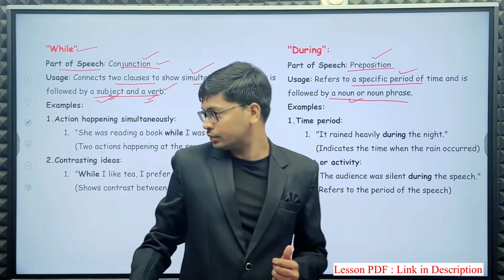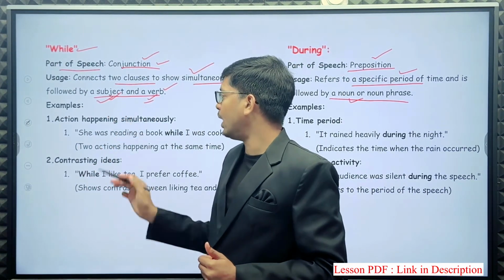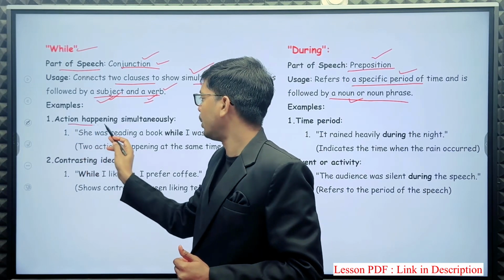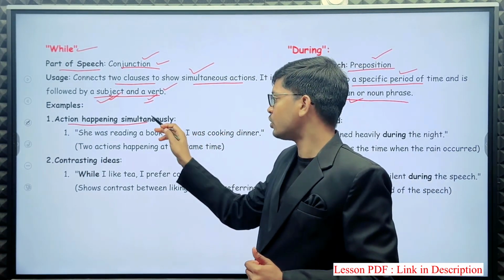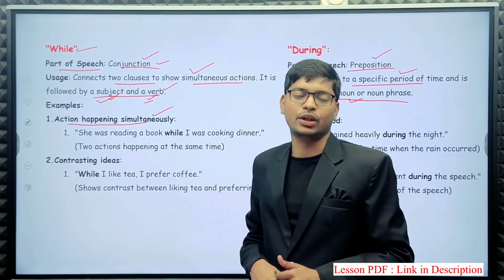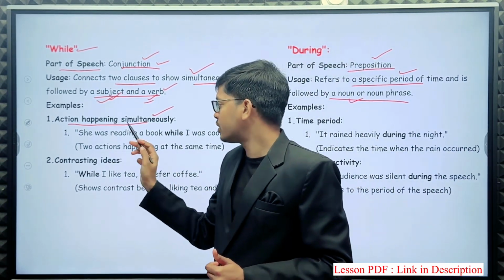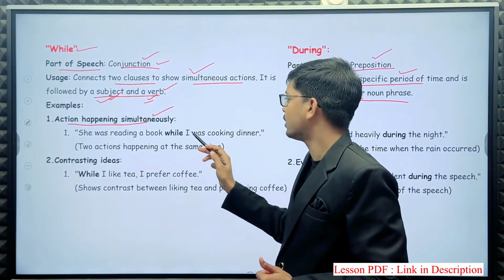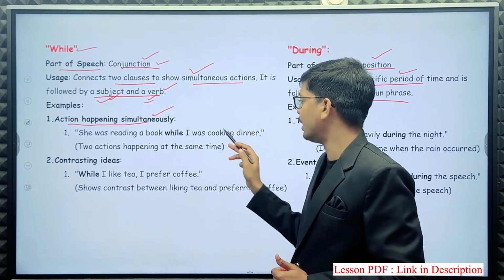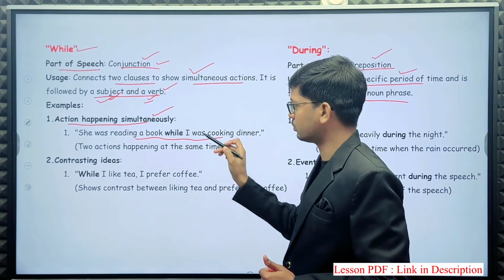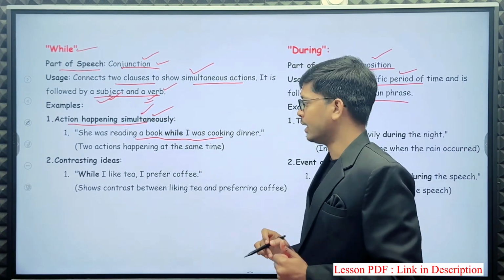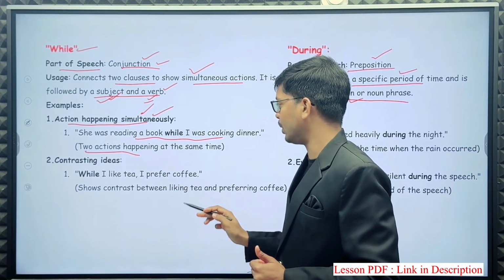Here are examples of while. First, actions happening simultaneously. She is reading a book while I was cooking dinner. Both actions are simultaneous, two actions happening at the same time.